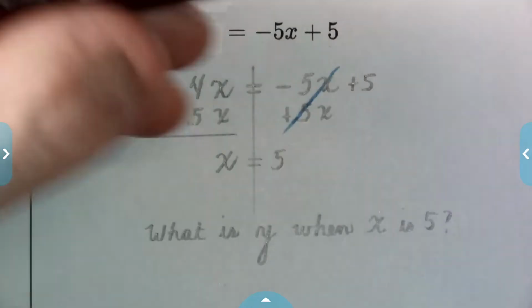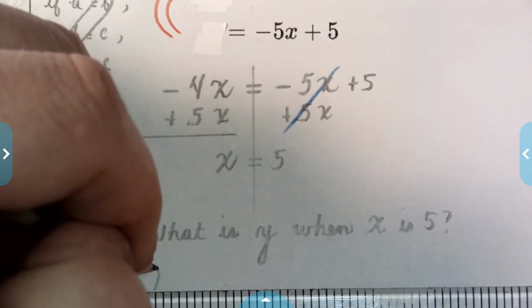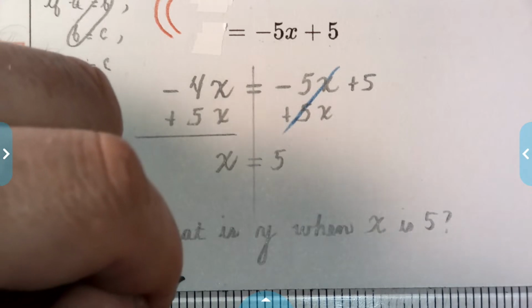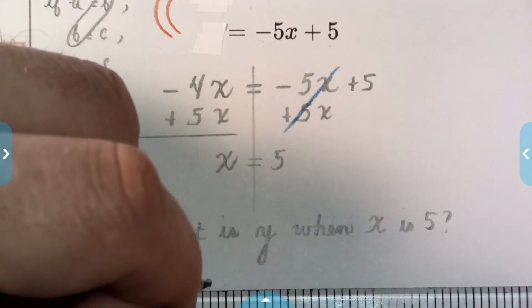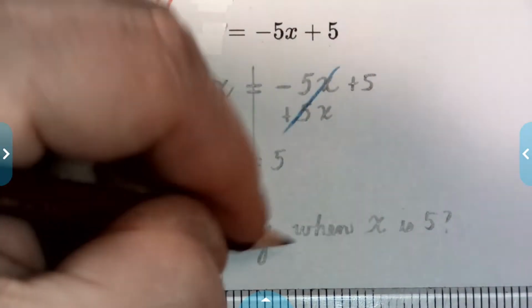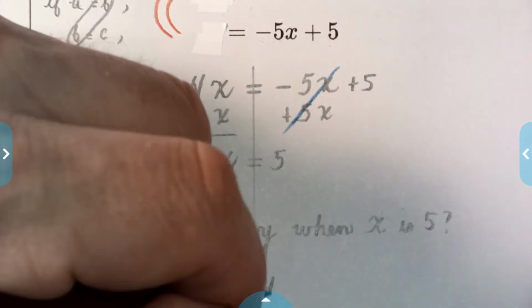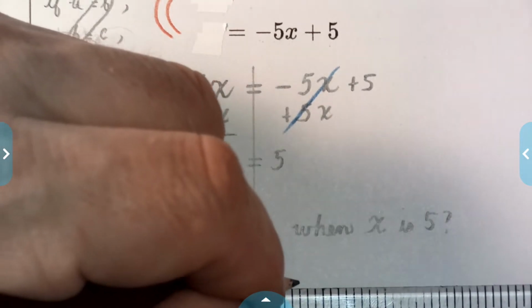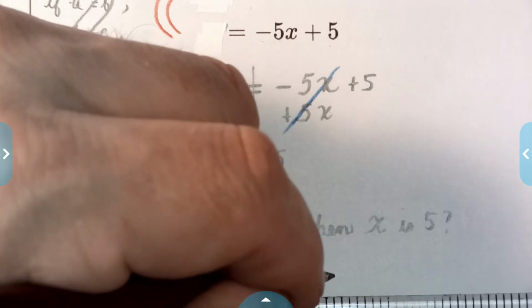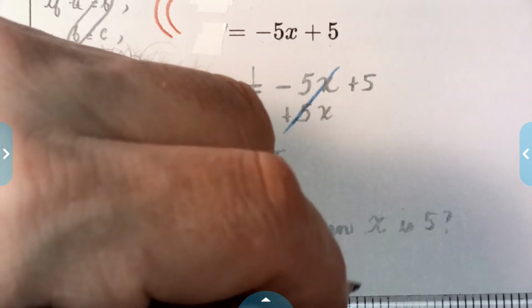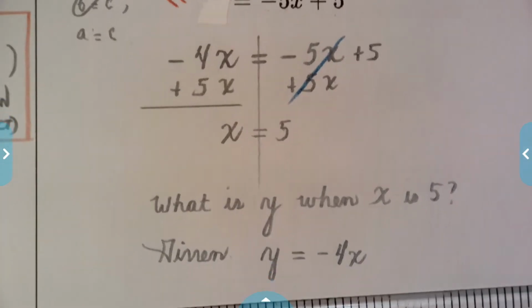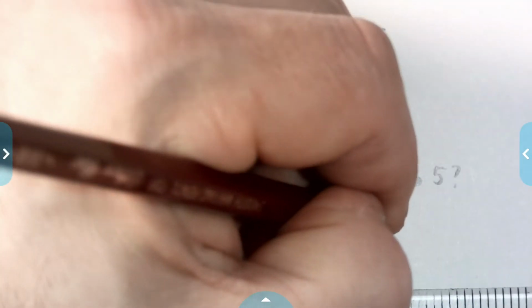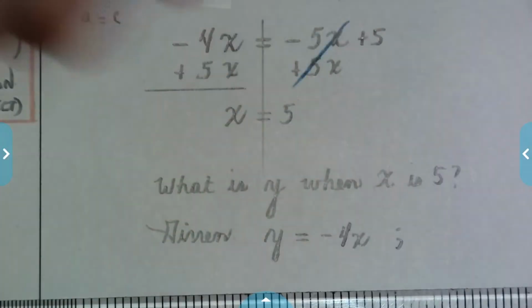Okay, so we'll say given, what are we given? We're given y equals negative 4x. And we're given that x equals 5.